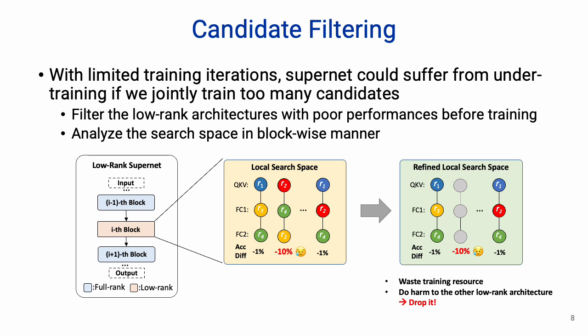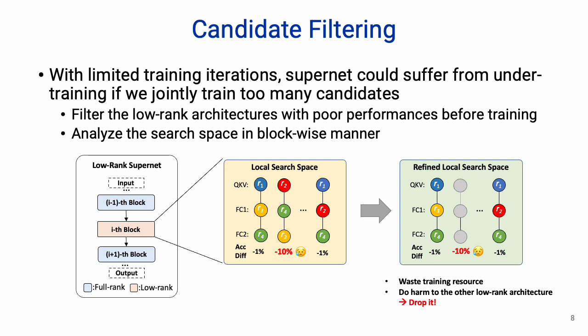Based on the insight that a significant accuracy drop is indicative of a larger performance issue, the rank level with poor performance in the local search space can be dropped from consideration, because when we jointly apply the low-rank approximation onto the remaining transformer blocks, such accuracy drop might become even larger.